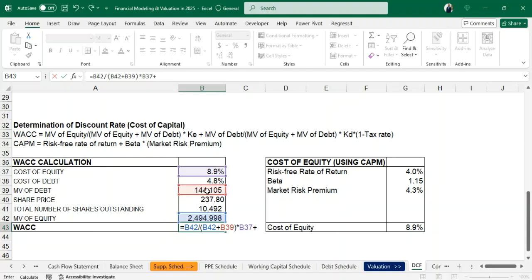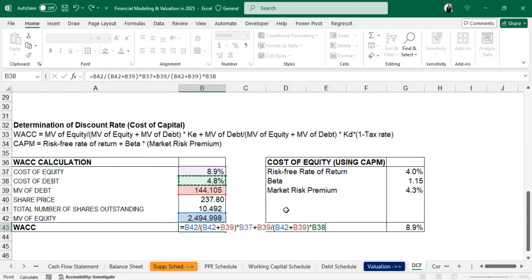the market value of our debt divided by, open brackets, the addition of the market value again plus the market value of our debt, close the parentheses, and multiply this by the cost of our debt, which is 4.8. But remember, this is going to be after tax cost of debt.